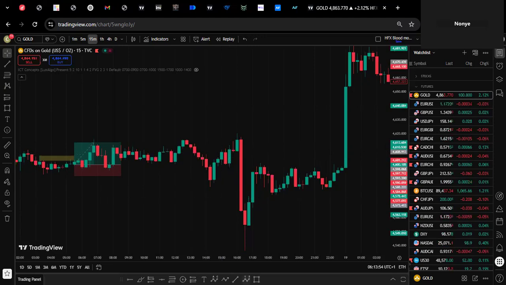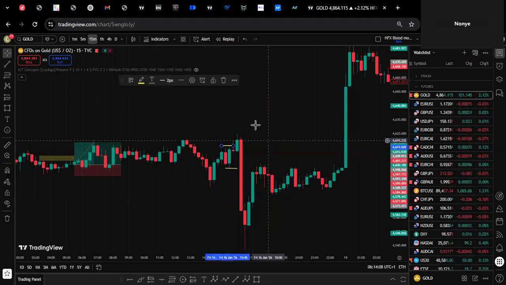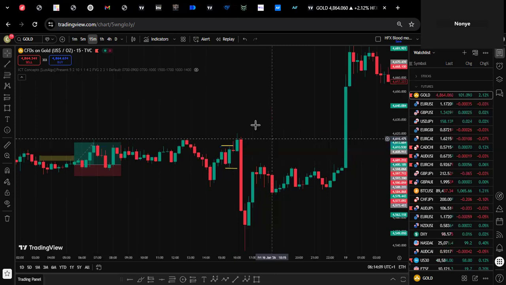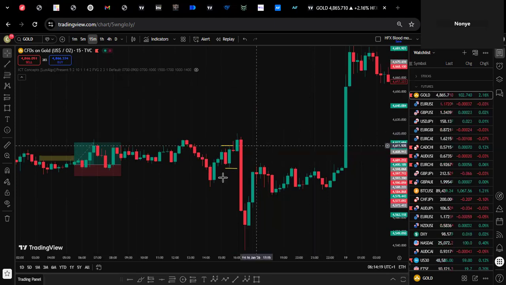Once the first 15 minutes candle has formed, just mark the low and the high.